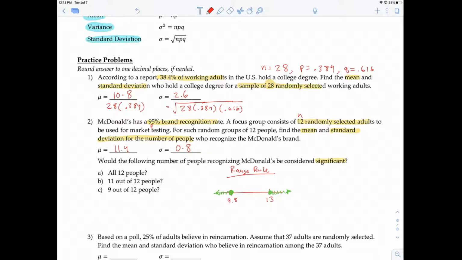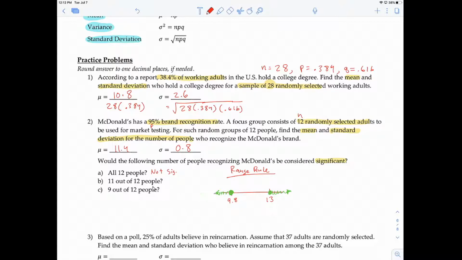Okay, so 12 people, what would that be considered? Well, let's see. We expect 11.4 people to recognize McDonald's, right? The mean is the expected value for 12 people, but 12 is higher, but is it significantly high? Well, no, it's not. So we know that it's not significant.